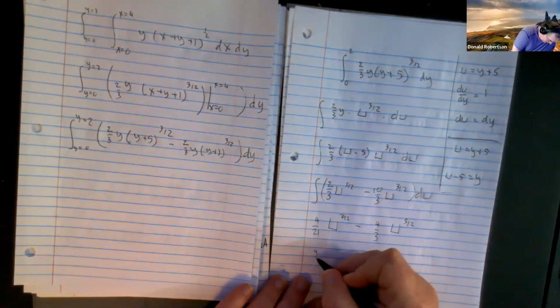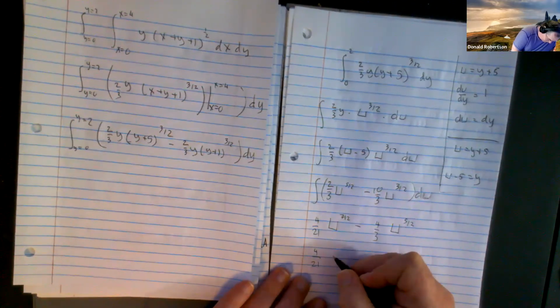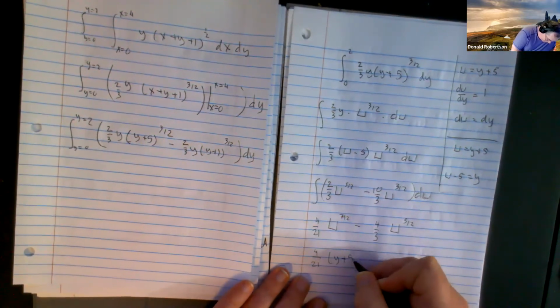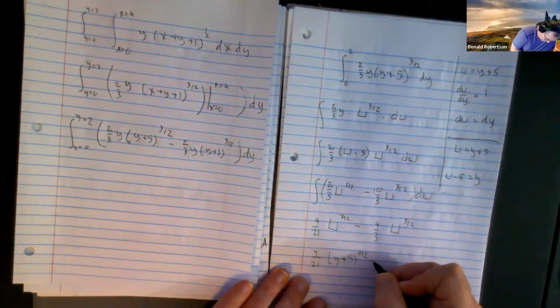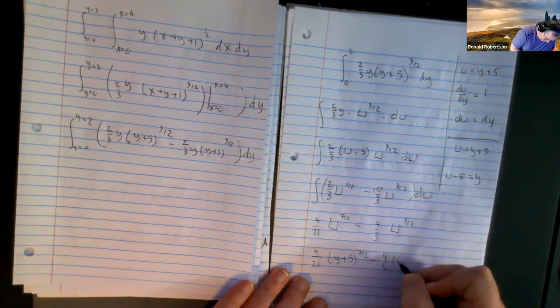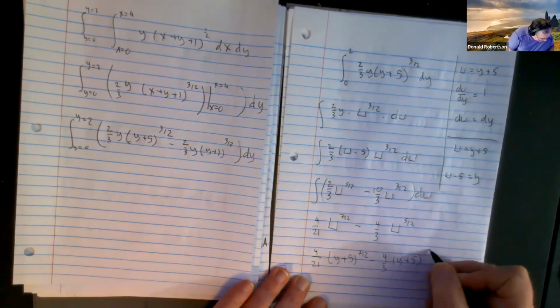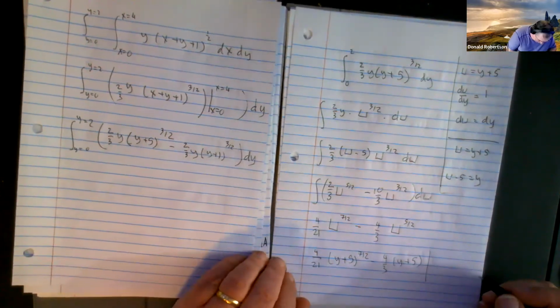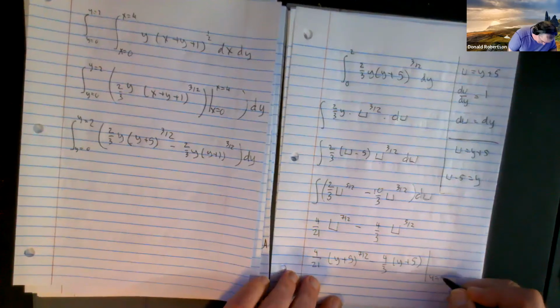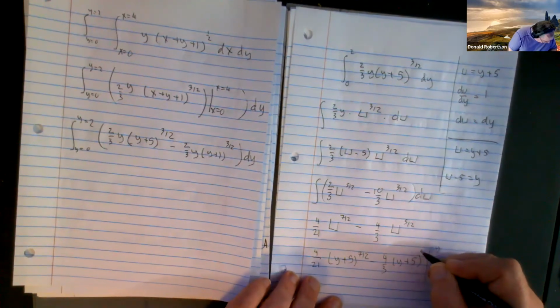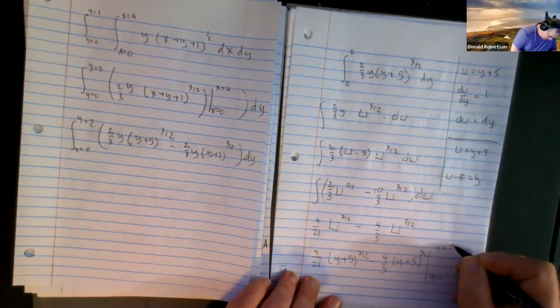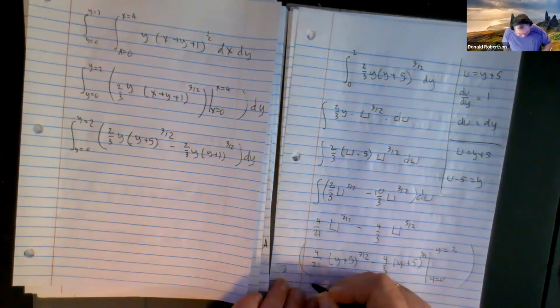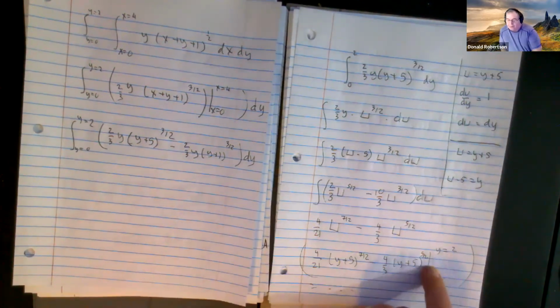Convert back into the original. And the original was y equals 0 to y equals 2. And eventually, won't that become a number and you'll get the answer?